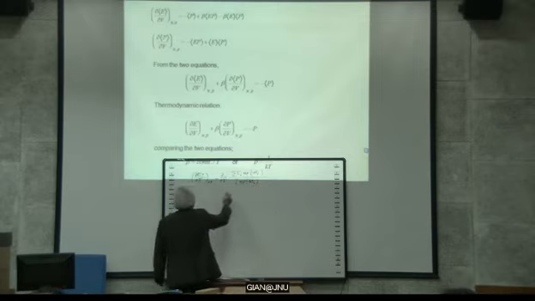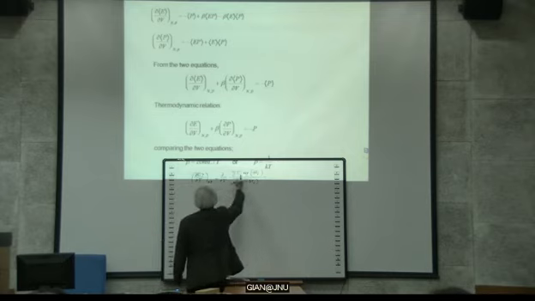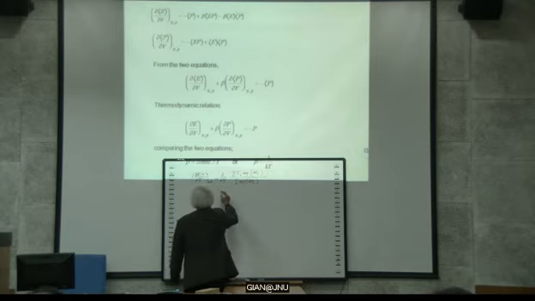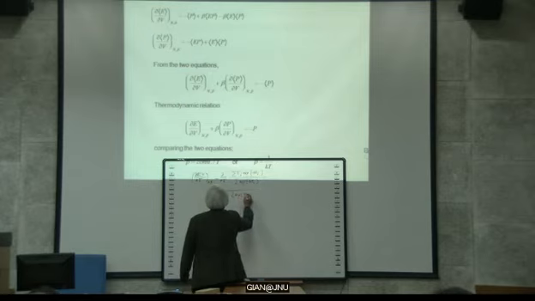So first, in this case, we have to take beta E_j here, right?